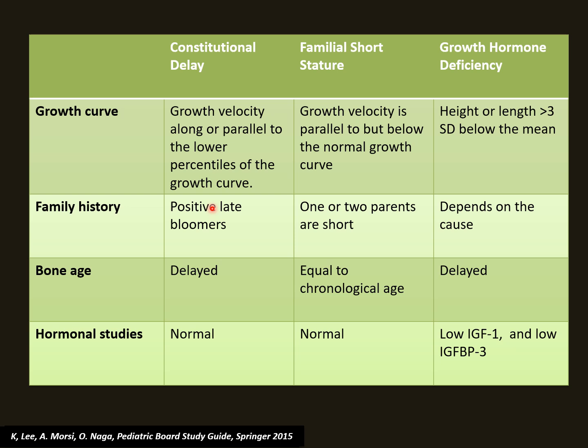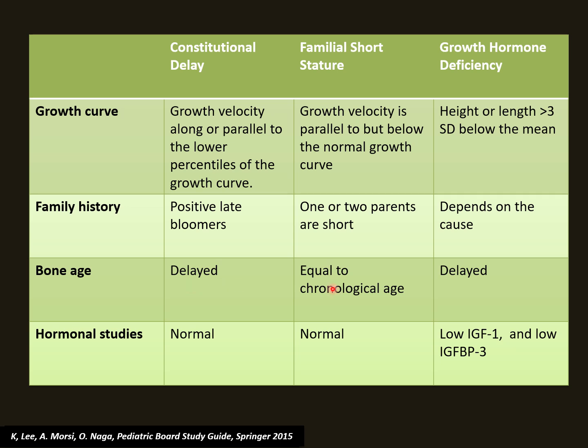Family history: positive late bloomer or delayed puberty in the cases of constitutional delay. Familial short stature, you will have one or two parents who are short, so there will be a positive family history of short stature. For growth hormone, it will depend on the cause. For bone age, for constitutional delay the bone age will be delayed.